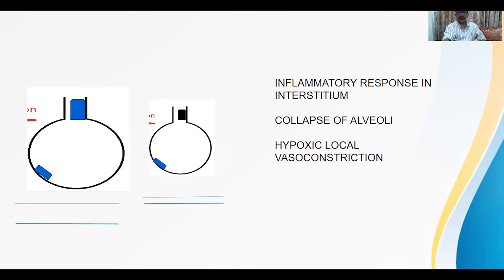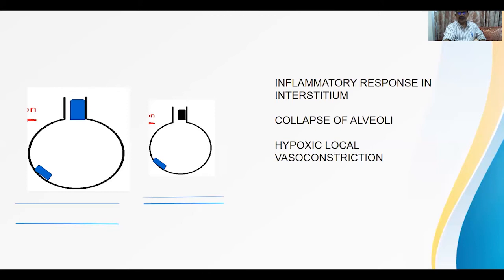So this vasoconstriction is a very, very important defense mechanism against hypoxia. Why? Because once vasoconstriction develops here, the blood supply to the useless alveolus is reduced. And this blood supply is diverted to nearby good alveolus. In easy terms, useful alveoli and useless alveoli are present all over the lungs.